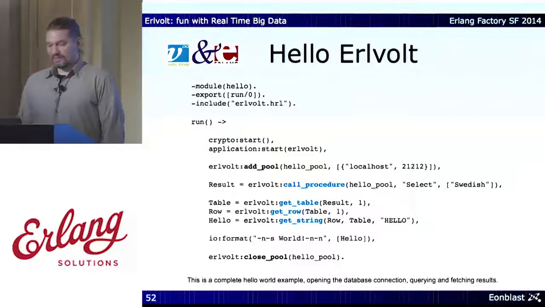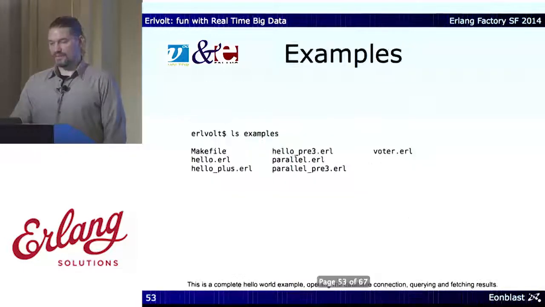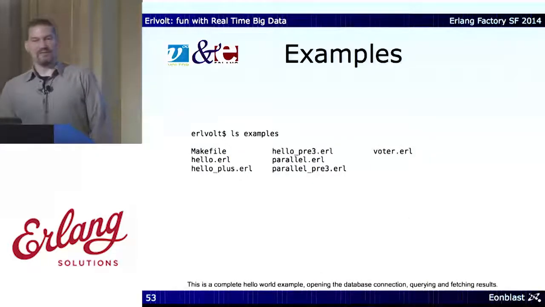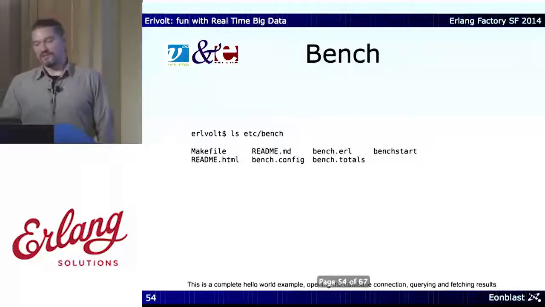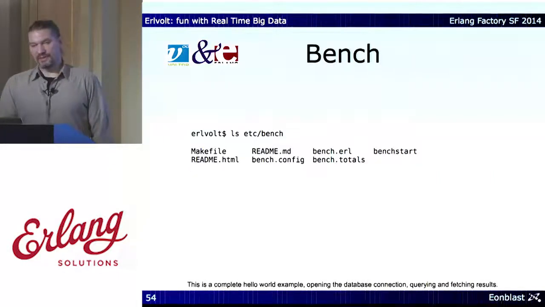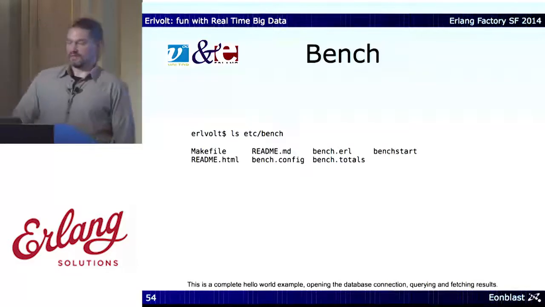And in the end, this type of very short writes and reads is also what I use for a benchmark that I will come to in a minute. If you look at Erlvolt, you'll find more examples in the examples folder, and you find the benchmark source in the bench directory.